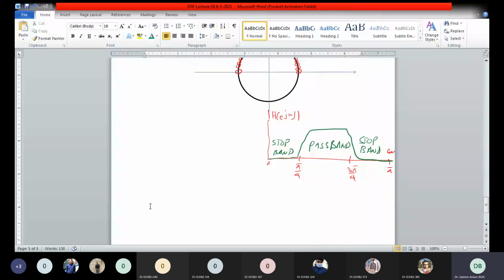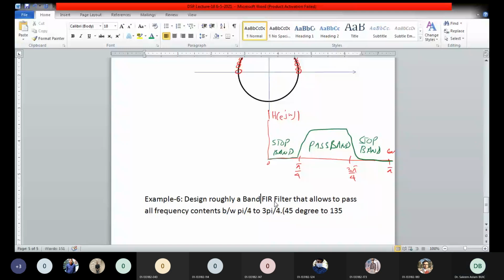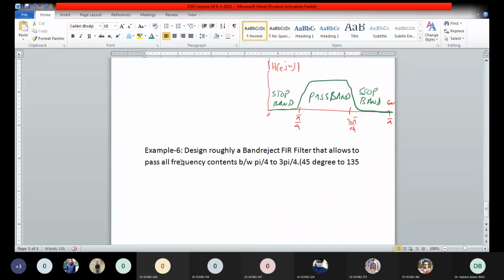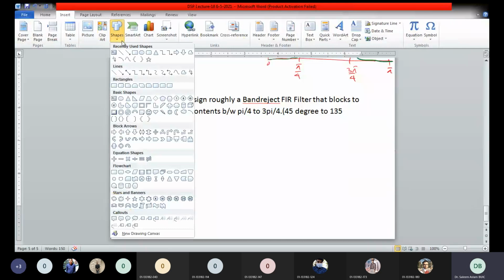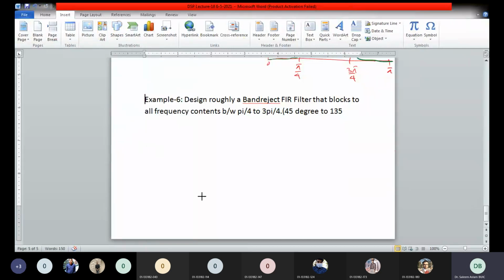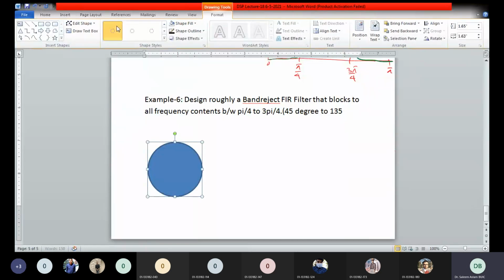Design roughly a band reject FIR filter that blocks, not allows, all frequency contents between 5 pi by 4 and 3 pi by 4. Now we are talking about band reject. Band reject means it is not allowing this signal to pass. So how do you draw its Z transform and magnitude spectrum?